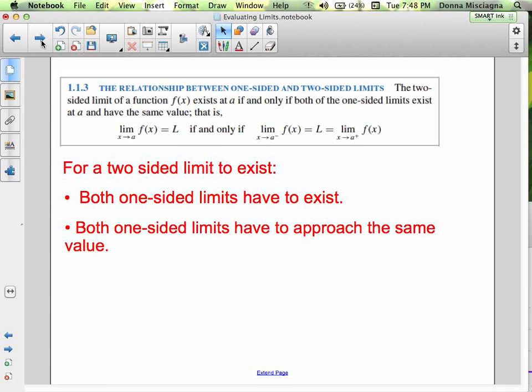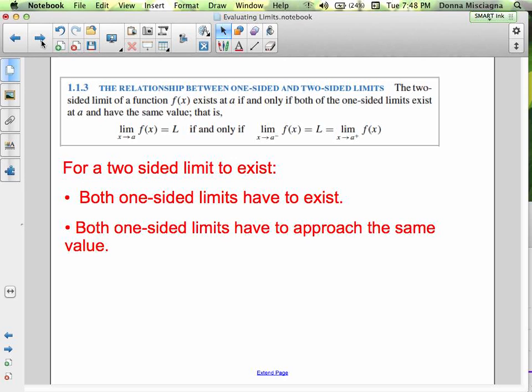That is, the limit of f of x as x approaches a is equal to L if and only if the limit of f of x as x approaches a from the left-hand side is equal to the same value as the limit of f of x as x approaches a from the right-hand side. So for a two-sided limit to exist, both one-sided limits have to exist.